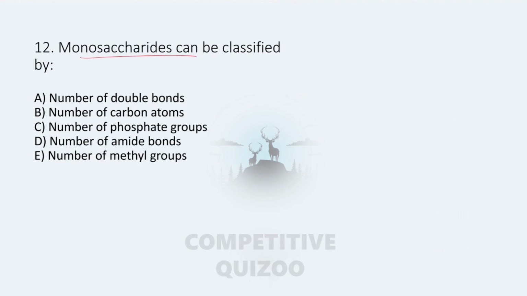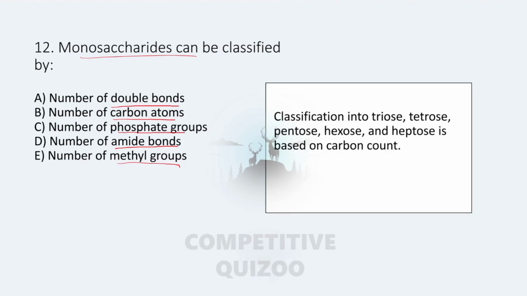Coming to the next question. Monosaccharides can be classified by. Given options are number of double bonds, number of carbon atoms, phosphate groups, amide groups or methyl groups. As discussed in the previous questions, glucose or any carbohydrate contains carbon atoms. So the correct answer to this question is option B, number of carbon atoms.